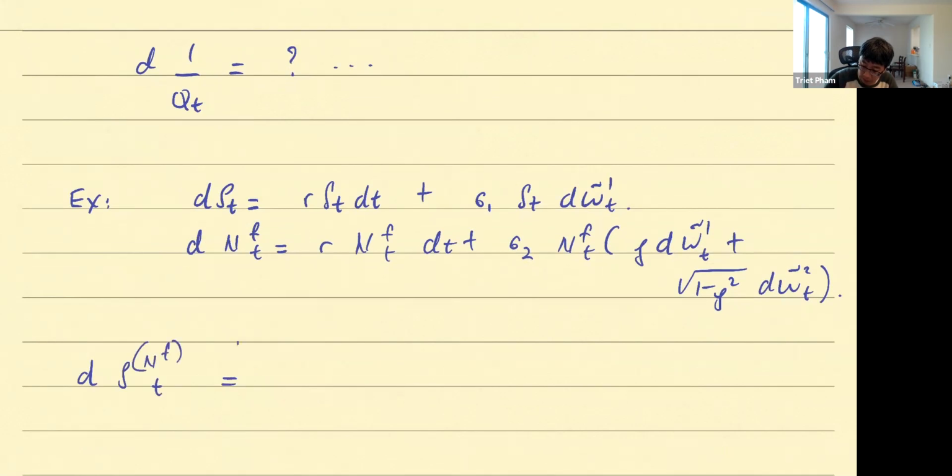What is this under the new probability? What are the terms? If you can apply this result, then you know what we are doing. What is this?